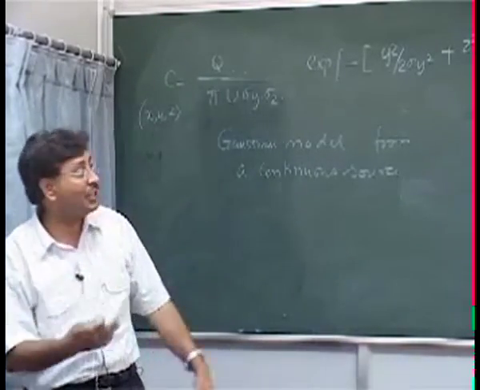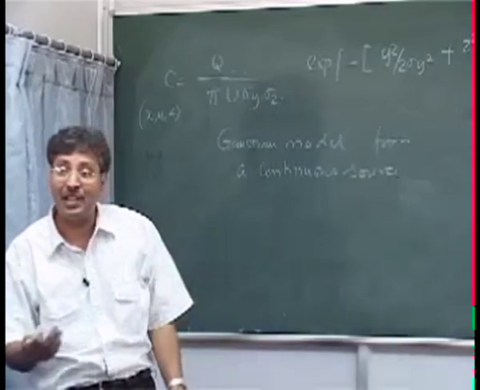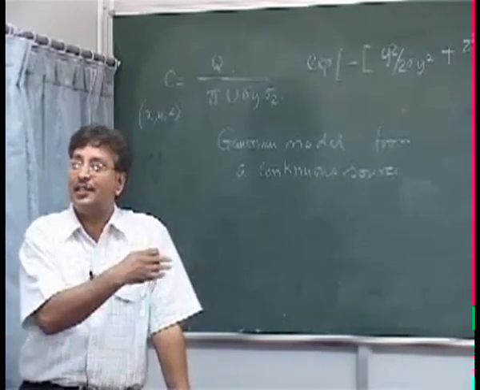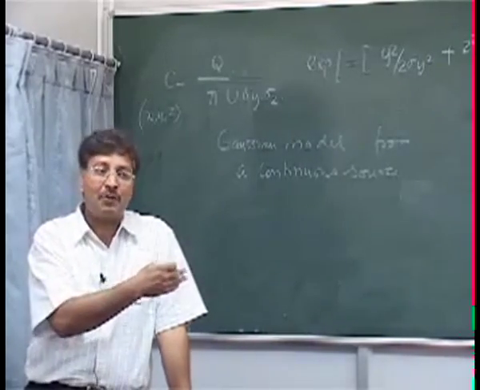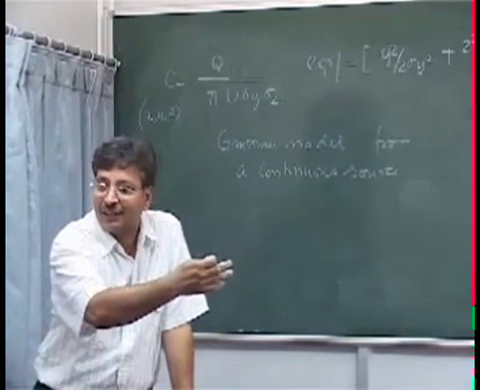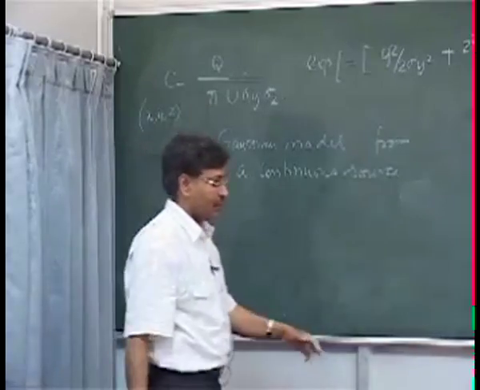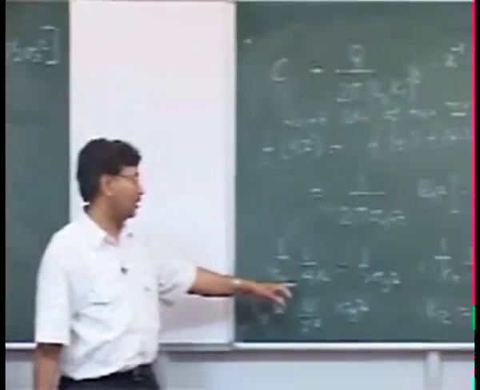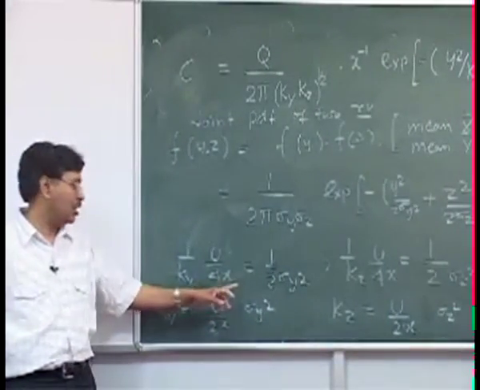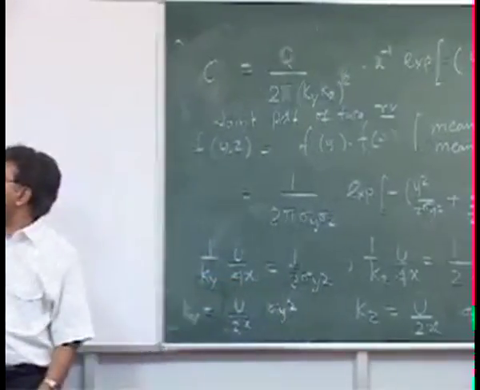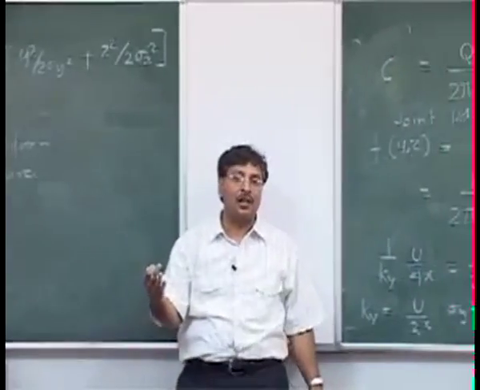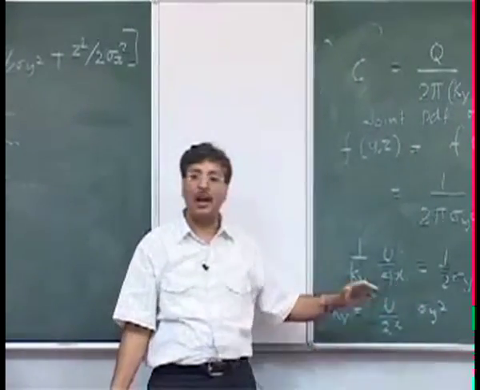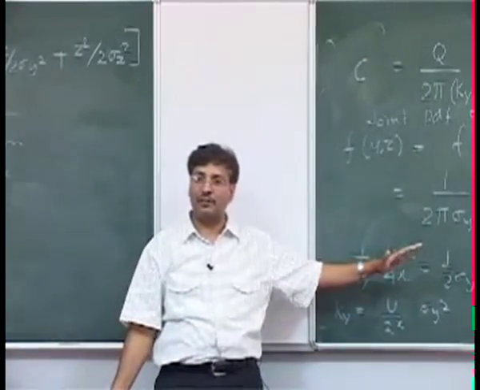X is inbuilt in sigma y and sigma z. So always remember the sigma y and sigma z will be function of x. Don't forget. X has disappeared because my sigma y and sigma z will be function of x.